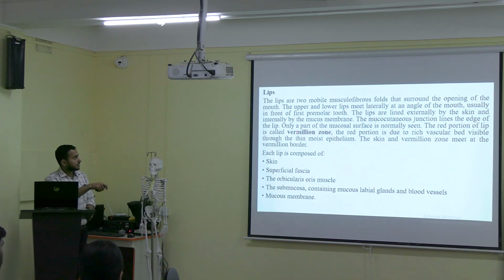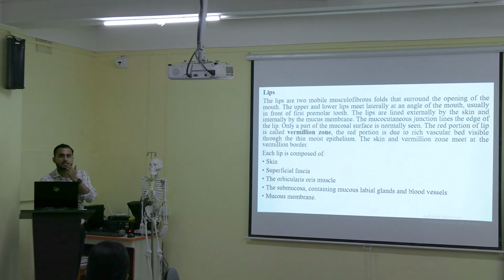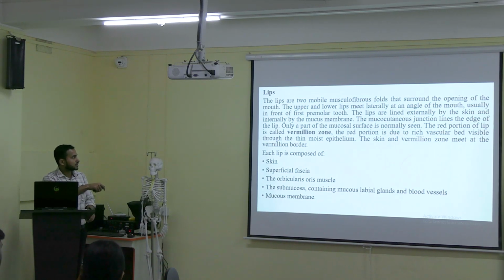The pink or red part which you can see is the Vermilion zone. Why is the color different? Due to rich vascular bed visible through the thin moist epithelium, okay. The skin and the Vermilion zone meet at a border that is called the Vermilion border.